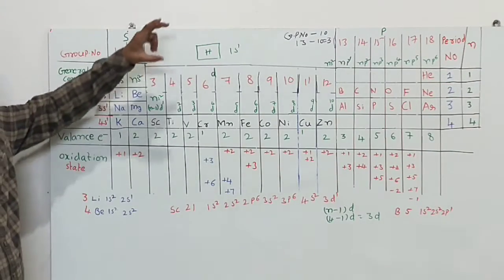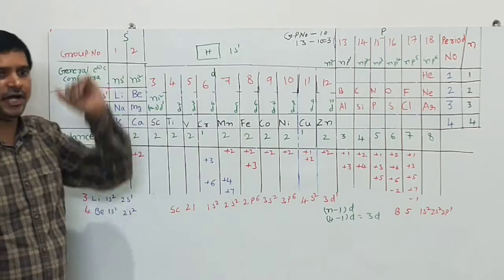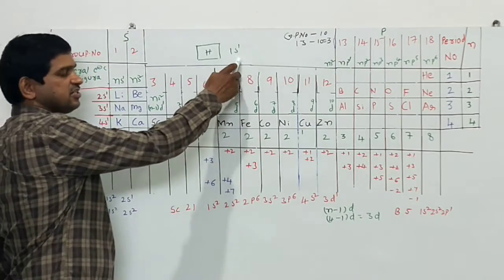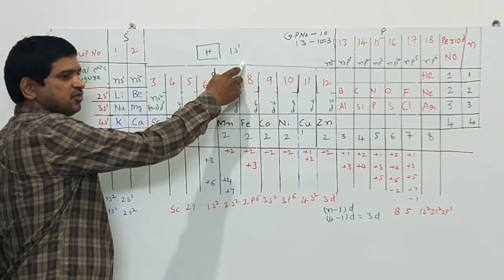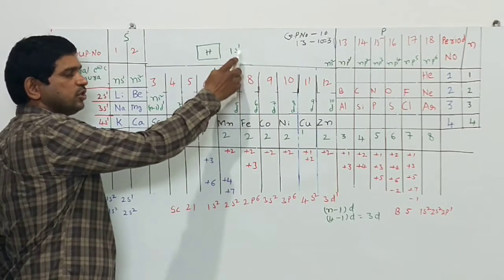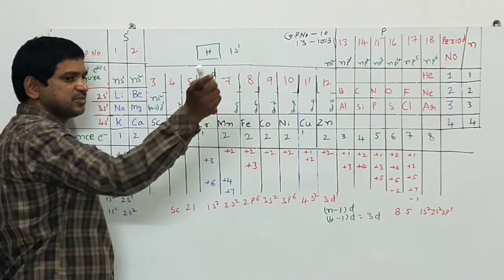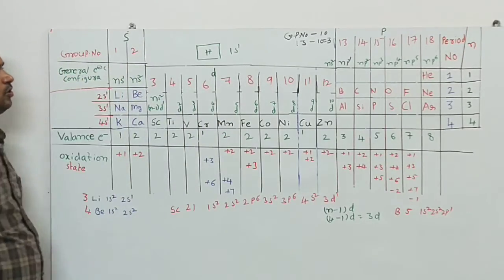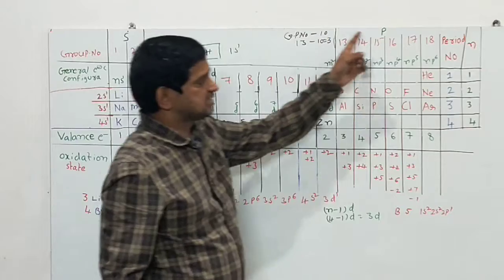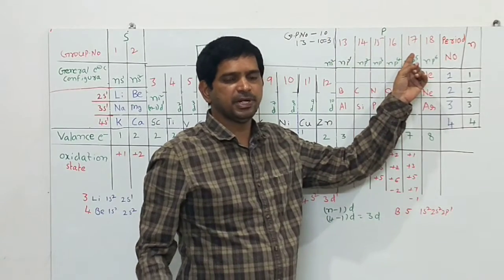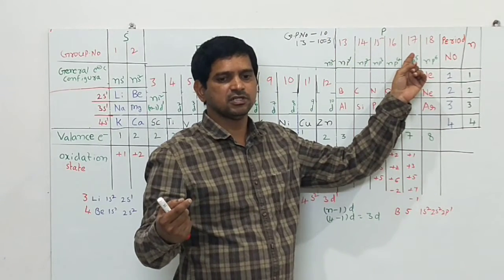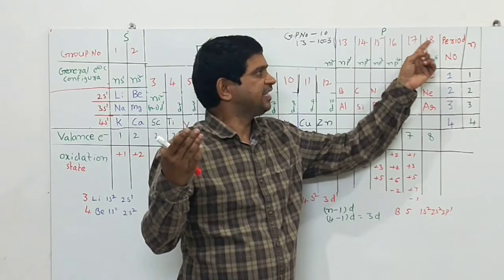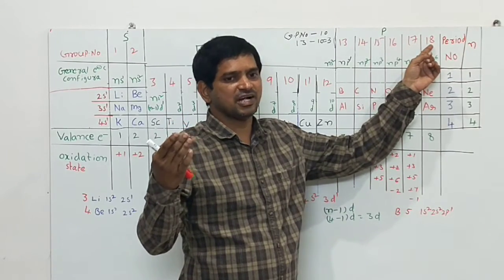Now we'll see the position of hydrogen. Its electronic configuration is 1s1. So in the valence shell 1 electron is present, so it has to be placed in the first group. See here, 17th group elements, by taking 1 electron, they will get the 18th group electronic configuration.